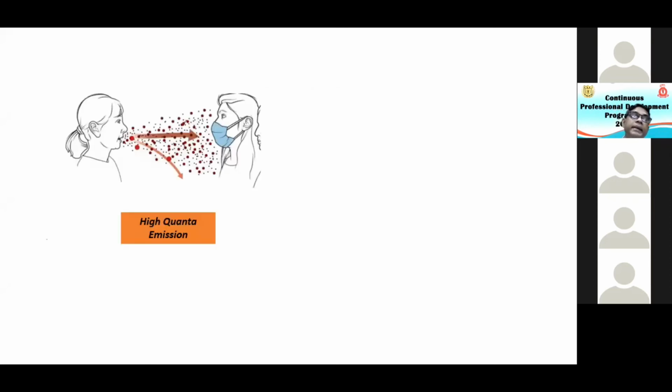Here you can see an instance where high quanta emission is there. A symptomatic patient producing droplets containing viruses comes face to face with a susceptible individual in close proximity. You can see the number of quanta of infected particles will be high in this instance.